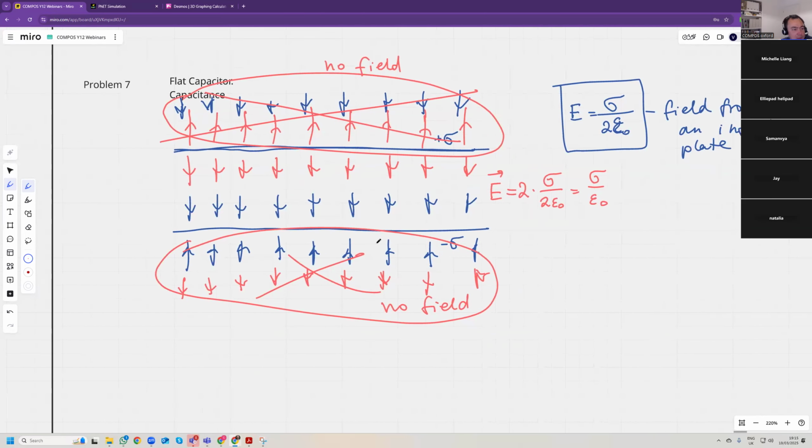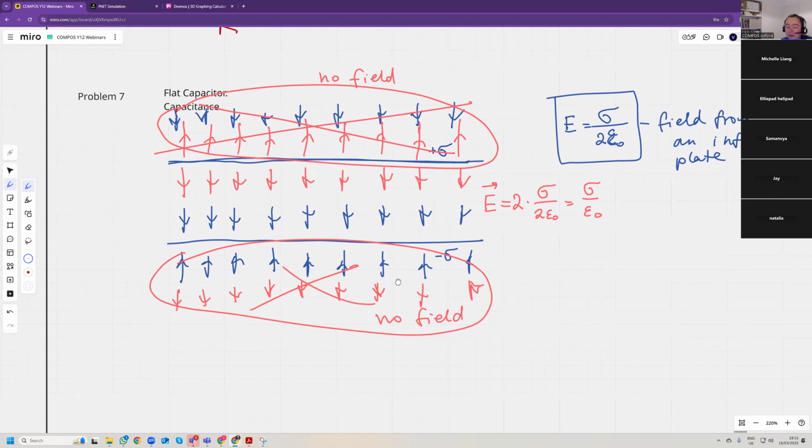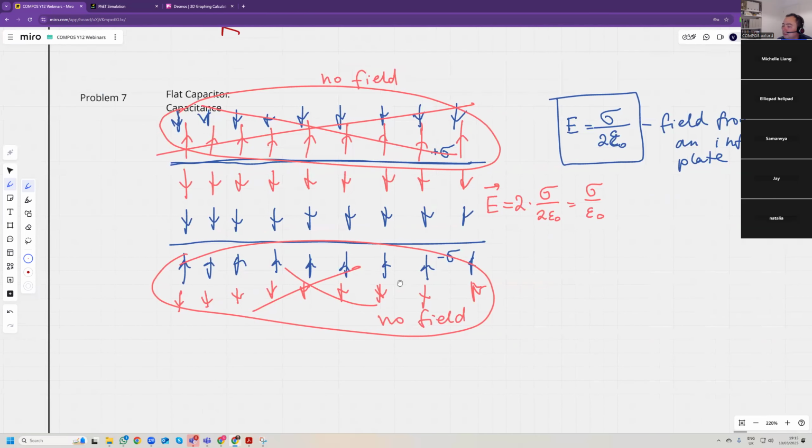Does that make sense? You have two plates, they're producing electric fields, but above the top plate and below the bottom plate, they cancel out. And in between, they add up to create one strong field.